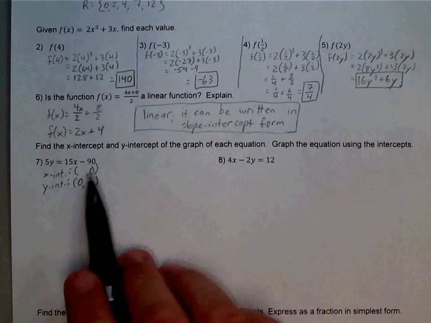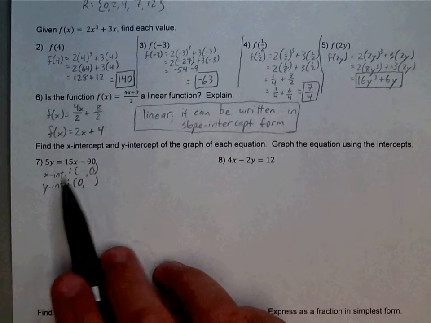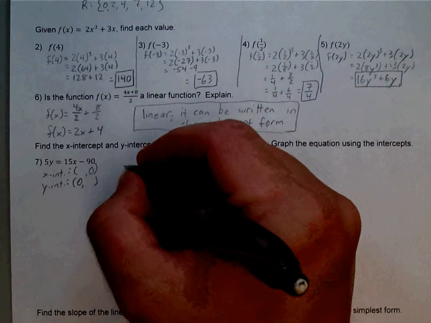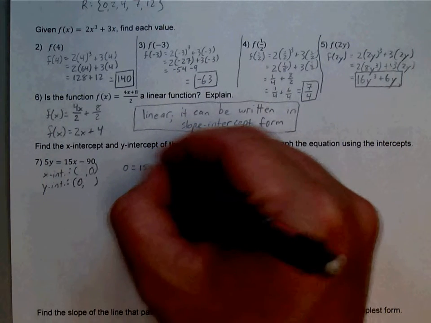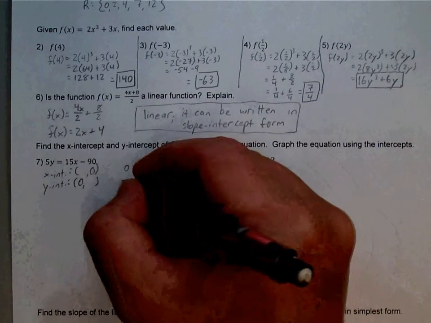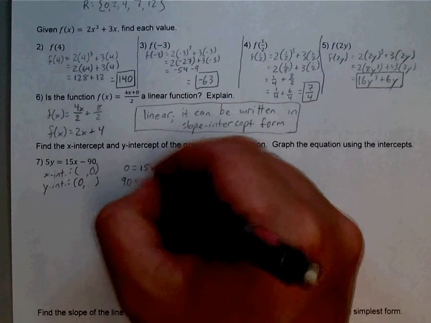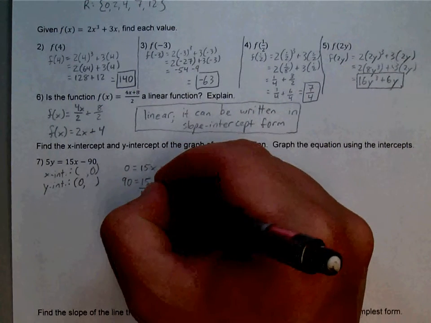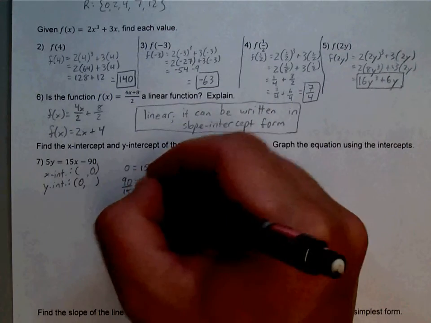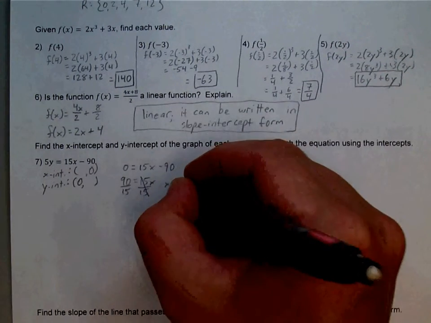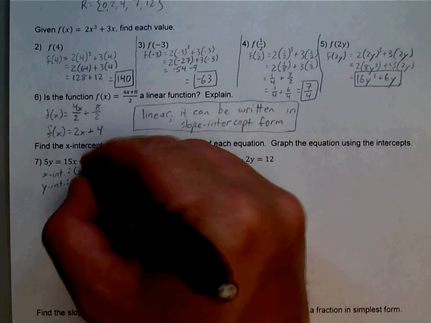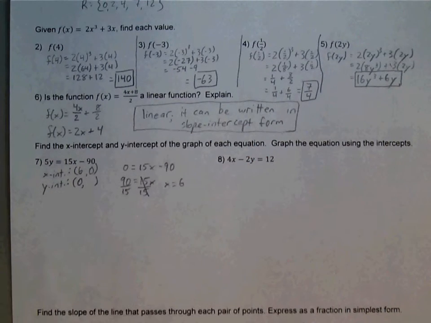So when you plug in 0 for y, to find your x-intercept, 5 times y is 0, so we get 0 equals 15x minus 90. I would add the 90 over, divide by 15, so it would be 6. So we get 6, 0 for an x-intercept.